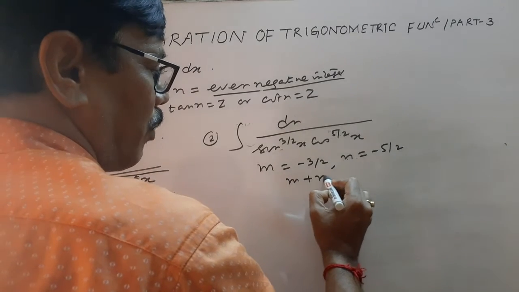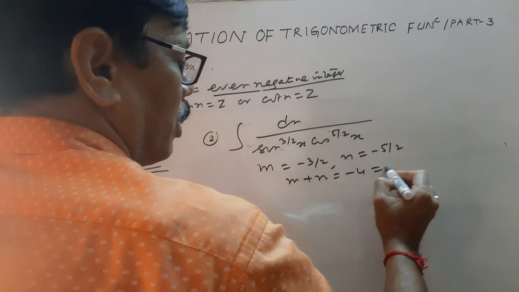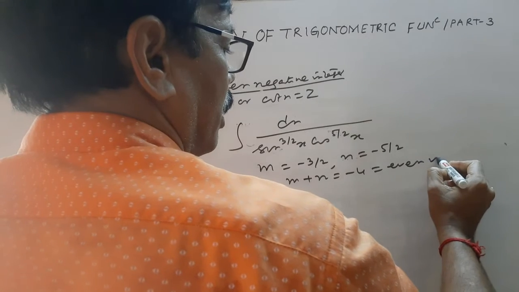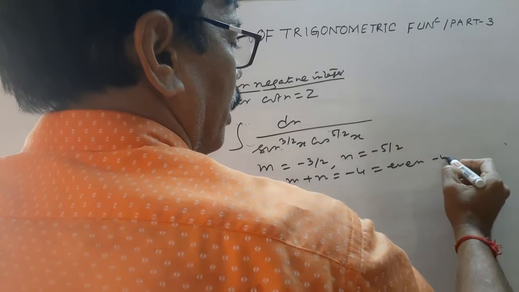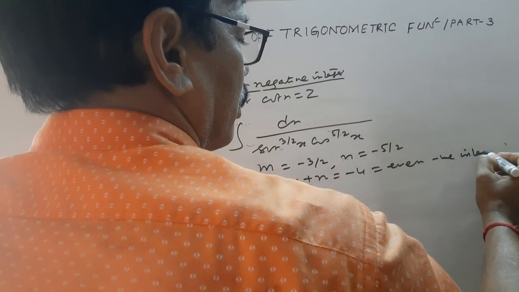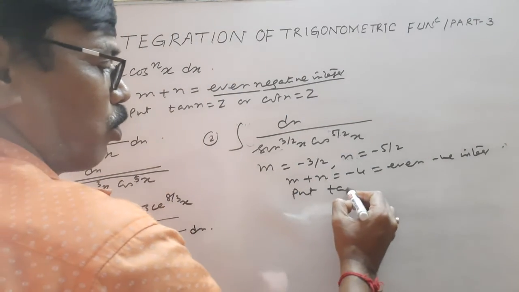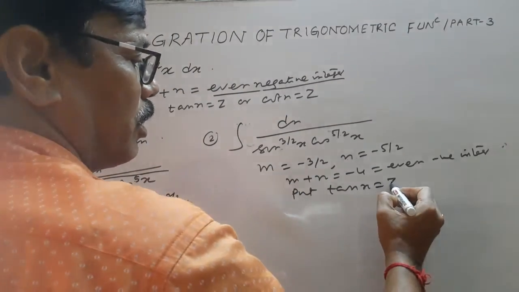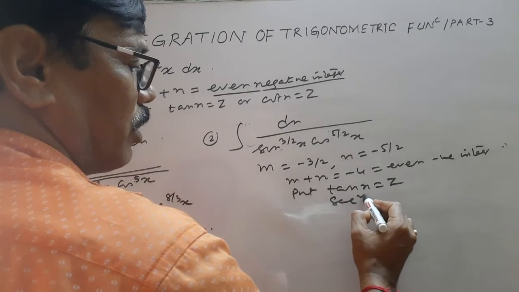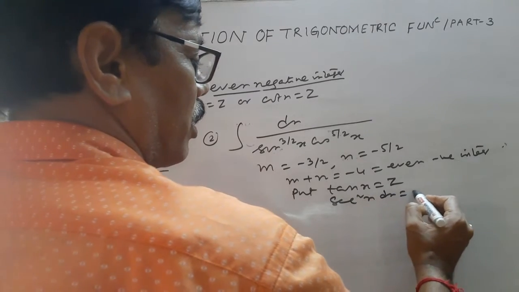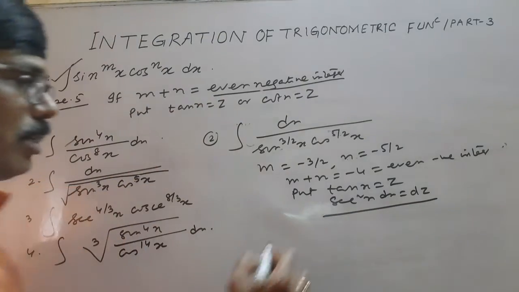So m plus n equals minus 4, an even negative integer. So put tan x equals z or cot x equals z. Tan x equals z, sec square x dx equals dz.